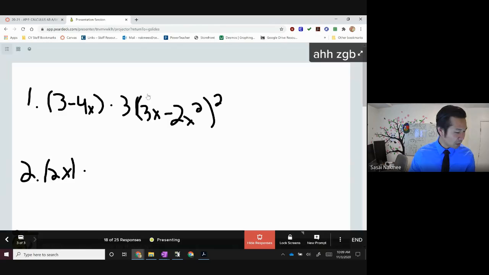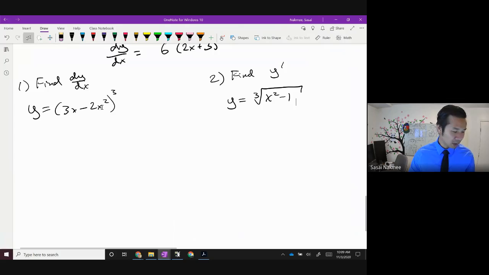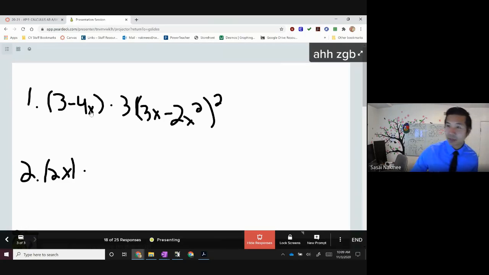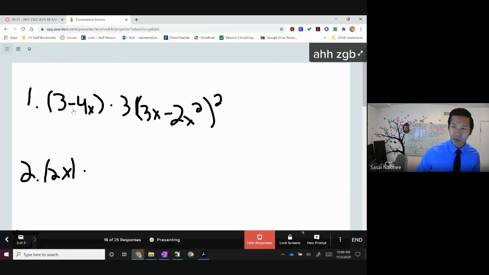First one up for number one, beautifully done, right? If you look back here, the inside function is 3x minus 2x squared, and the outside function is stuff to the third. So when we go back over here, the inside function derivative is going to be this one right here, I believe, 3 minus 4x, because the derivative of 3x is 3 and the derivative of 2x squared is 4x.